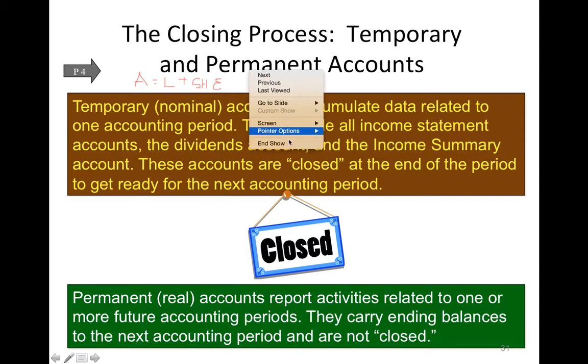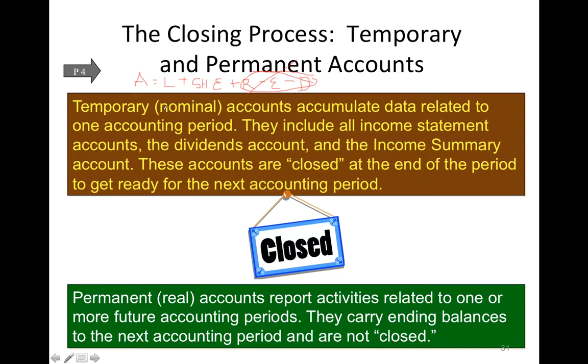But then, what we did in chapter 1, we actually separated these 3 temporary accounts from equity. We separated revenues minus expenses minus dividends, and we had to keep track of it separately so we would know what my net income and change in retained earnings are. Well, now we know it. We already prepared financial statements, so I don't need them. I'm going to get rid of them.